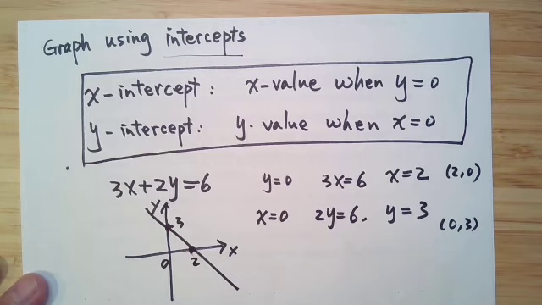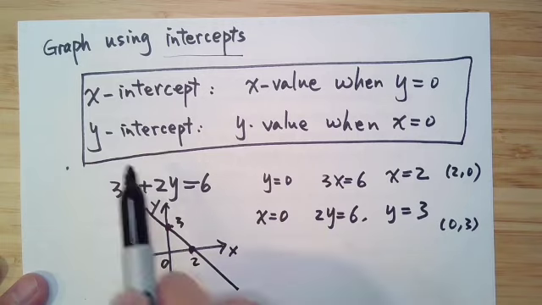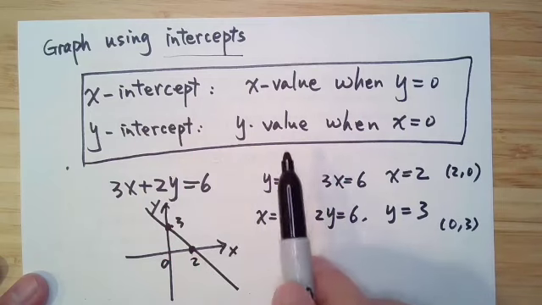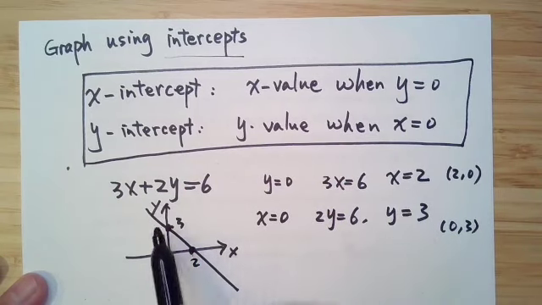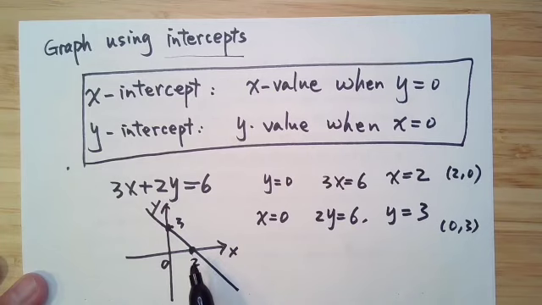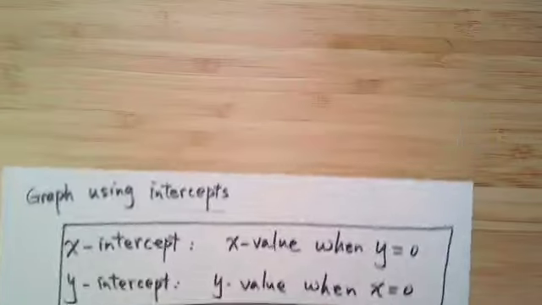Now, if I give you any equation, can you find the intercepts? If you remember this, then you can find them. After you find them, just plot these two points on the xy coordinate plane and then connect them. You can get the graph. So that is how to graph using intercepts.